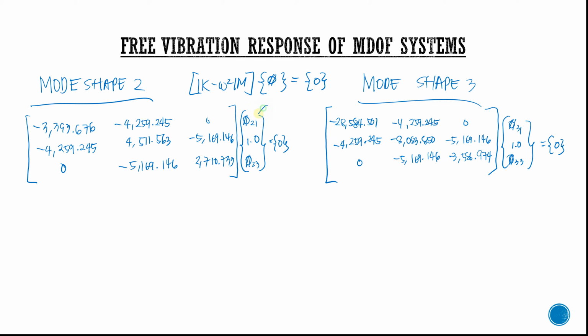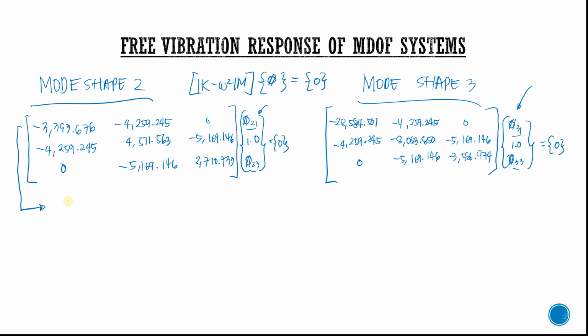So here we have our mode shape 2 for the first floor and for the third floor, and as well here we have mode shape 3 for the first floor and mode shape 3 for the third floor.